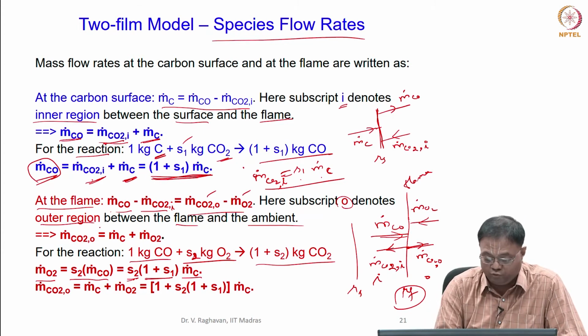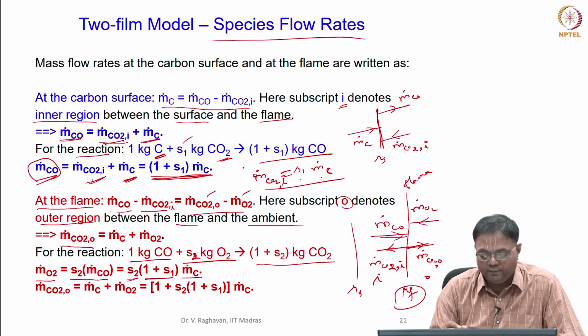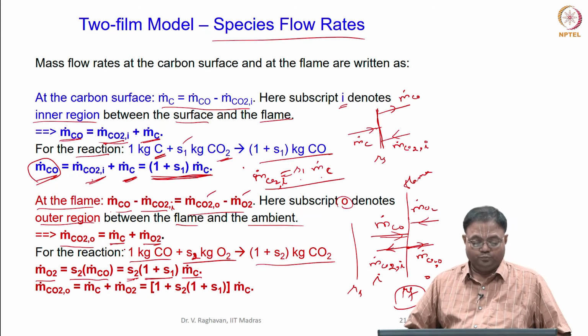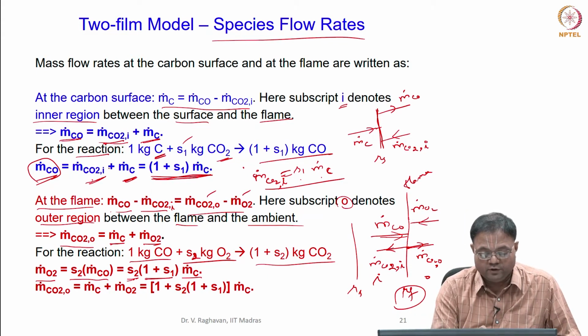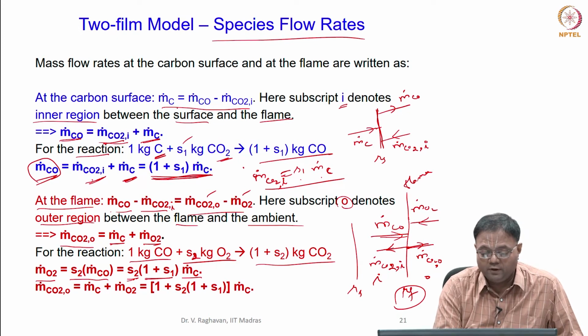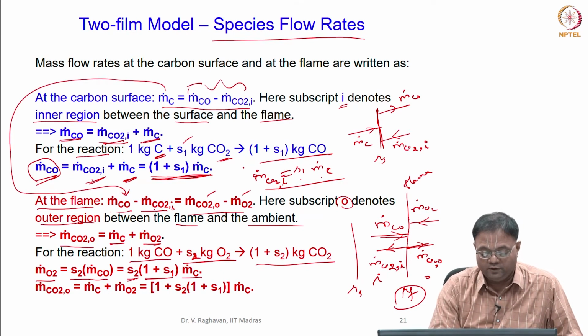Combining this, we can write that M CO2 outer will be equal to MC plus MO2. When I combine here, you know this equation: MCO minus MCO2 inner is MC, so this is substituted here as MC.